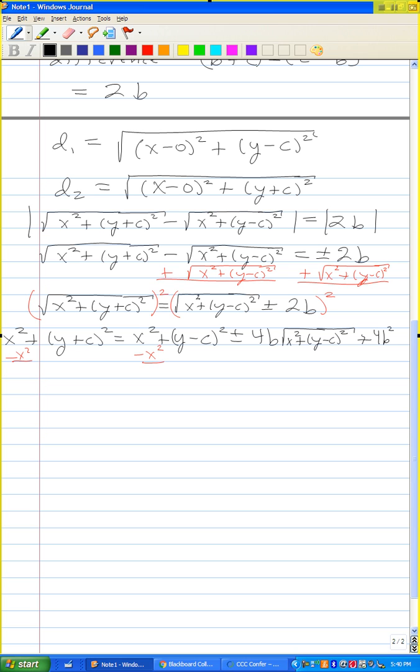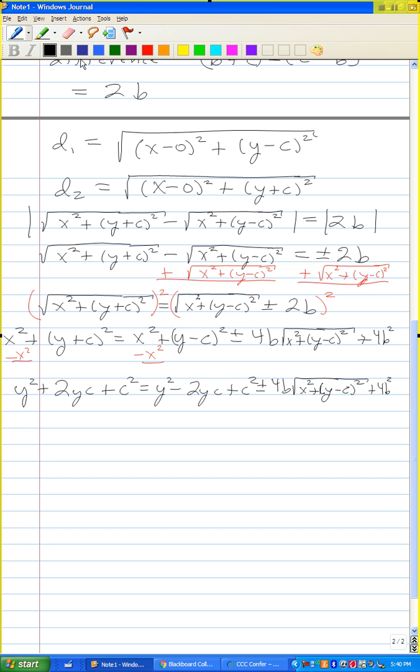By a special product formula, I get y squared plus 2yc plus c squared is equal to y squared minus 2yc plus c squared plus or minus 4b radical x squared plus (y minus c) squared plus 4b squared.